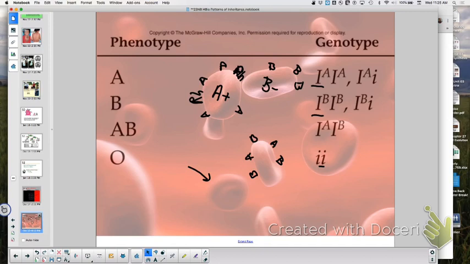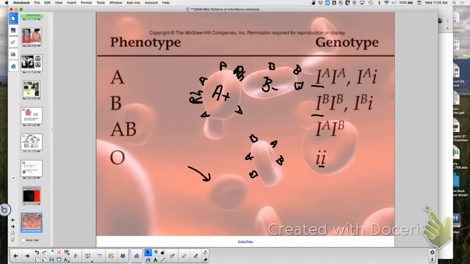Okay, so the reason why we like the blood is because it shows us multiple alleles and it shows us codominance. Okay, codominant. So on your notes, both of these are exceptions to Mendel's law of dominance, right? Multiple allelic traits: defined when a gene has many allelic forms or alternative expressions instead of just two.